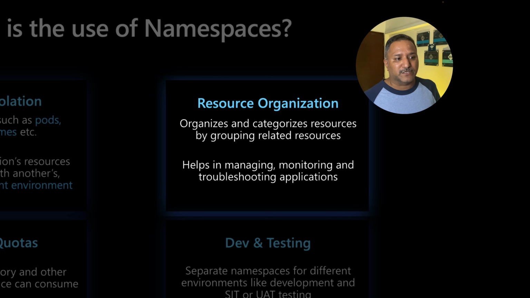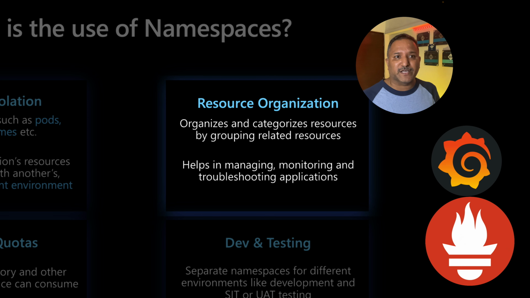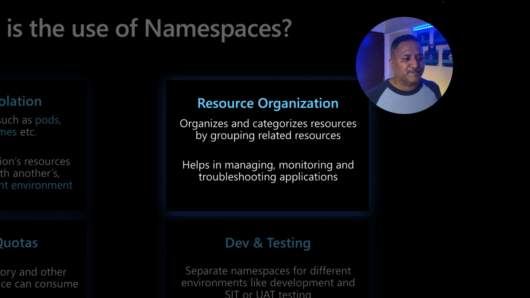For example, if you have services like Elasticsearch, Prometheus, Grafana, and Jaeger, which are related to making your applications resilient and bringing in observability, we can create a namespace for these infrastructure kinds of resources, the monitoring and observability related resources, and put them together. Then the applications can reside in application specific namespaces. So it helps us to organize resources and to manage them efficiently, instead of having everything in the default namespace. By organizing them into logical namespaces, it gives us the opportunity to manage these things in a better way.